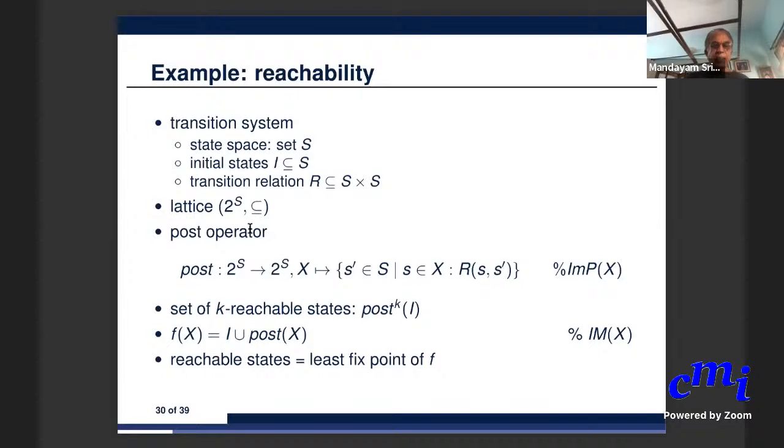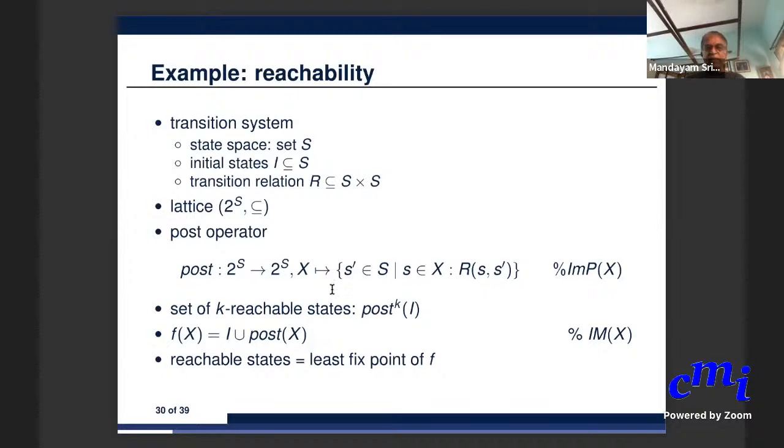So the set of all reachable states can be defined as a function over this lattice that maps sets of states to sets of states. We've already seen through a couple of examples on your problem set, so I'm going to be reiterating that.